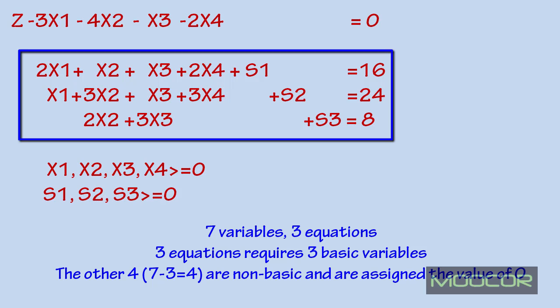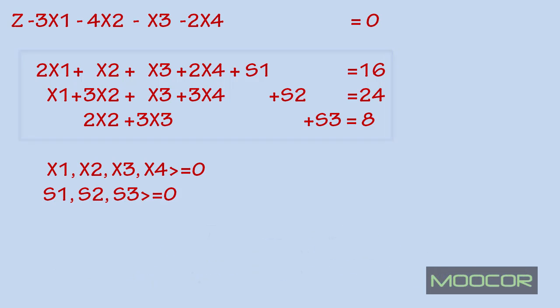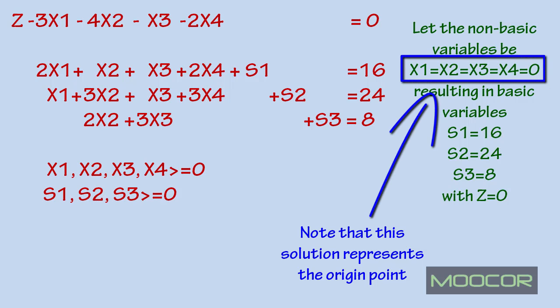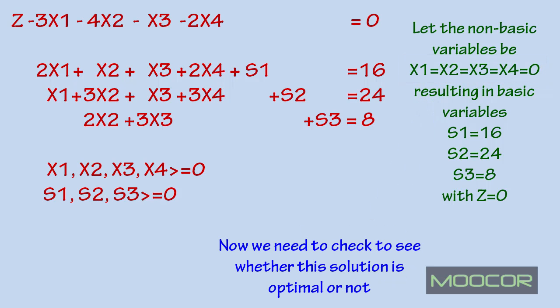Clearly notice that x1, x2, x3, and x4 are good candidates for the non-basic variable set, and s1, s2, and s3 can easily be calculated for our solution value. With this information, the z value will become 0 because all x1 through x4 values are 0. Now we need to check to see whether this solution is optimal or can it be improved.